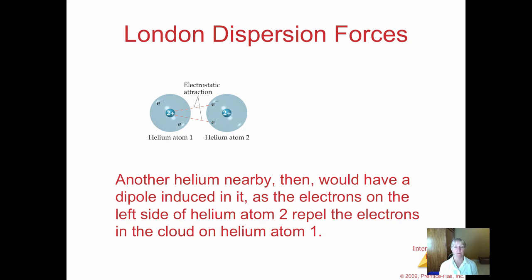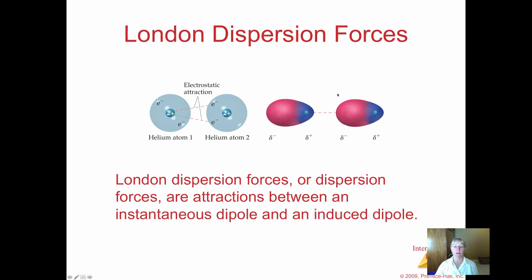Now the induced means that, as we look at these before and after pictures here, this is helium atom 1 and this is helium atom number 2. If all of a sudden helium atom number 2's electrons run over here, then they're going to repel the electrons in another helium atom nearby and push them aside, leaving you with the formation of two temporary dipoles.